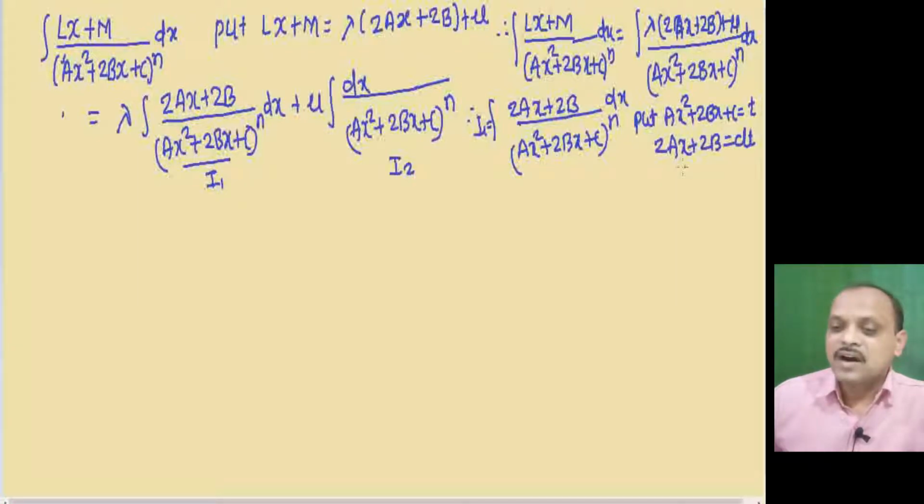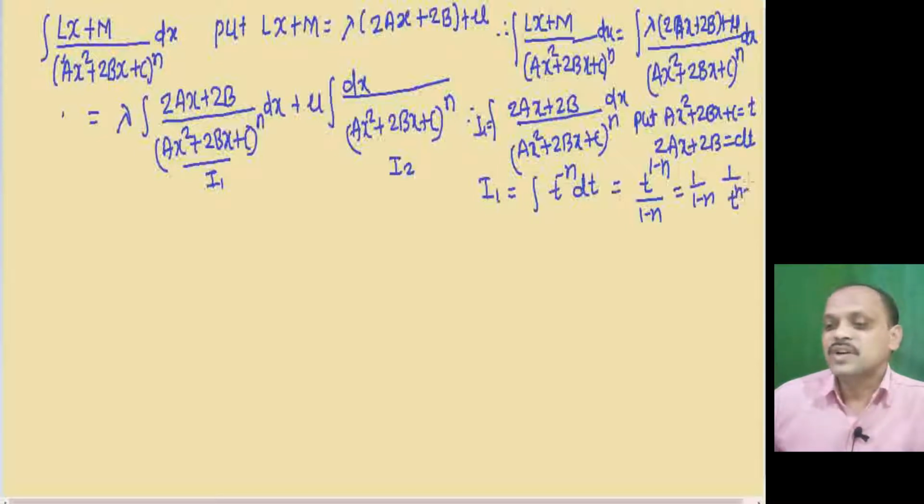Then I1 equals the integration of t raised to minus n into dt, which equals t raised to 1 minus n divided by 1 minus n, equal to 1 divided by 1 minus n into 1 divided by t raised to n minus 1.